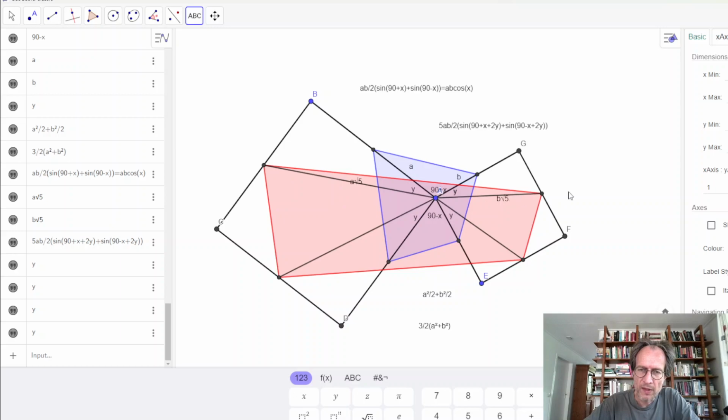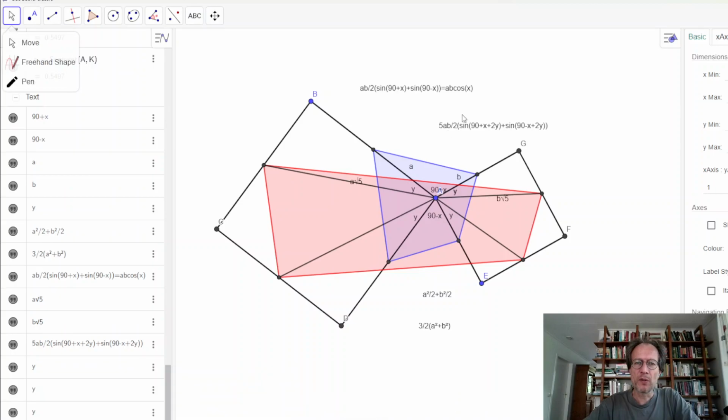So this triangle has this side times that side, that makes ab times 5 divided by 2 times the sine of this angle, which is 2y plus 90 plus x. And the other one is very similar, only it has 90 minus x plus 2y.